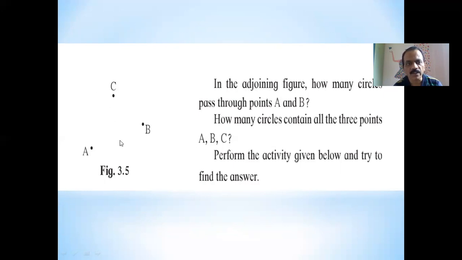And we draw here a line which is perpendicular to the segment AB. Then any one point we can take on the given perpendicular bisector, and it is the center of a circle.